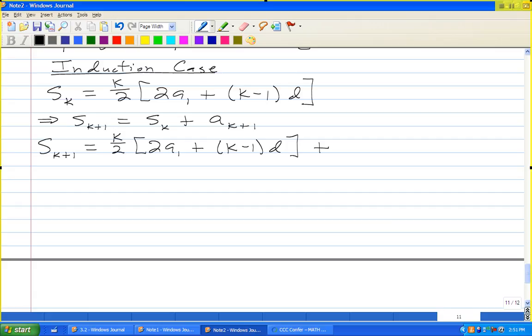And by the formula for a sub k plus 1, using the fact that this is an arithmetic sequence, I have that this is equal to a1 plus (k plus 1 minus 1) times d.